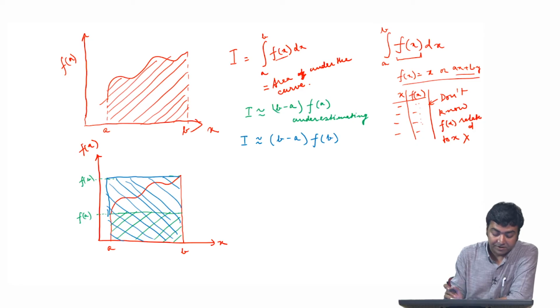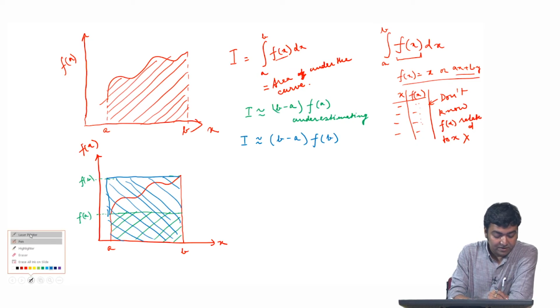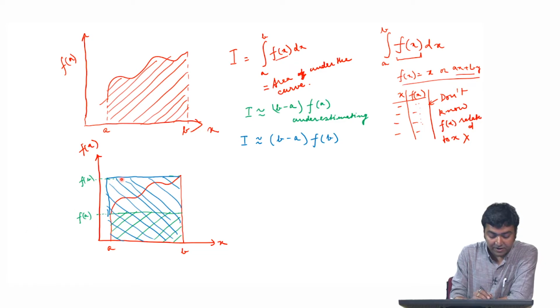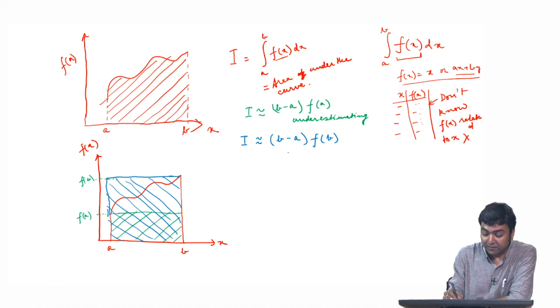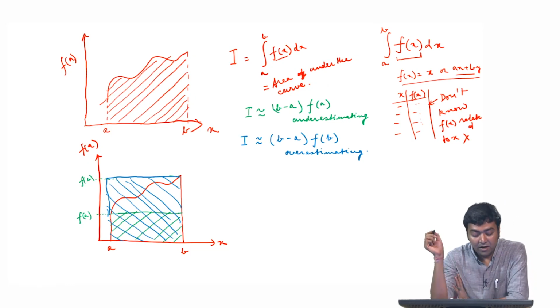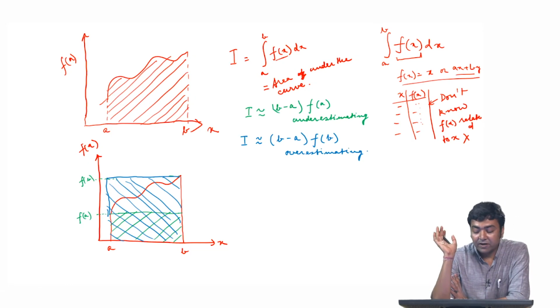What happens in this case? If you look carefully, this part of the rectangle does not belong to the area under the curve determined by this red line. So, we are severely overestimating. Both these ways give a very crude estimate of the area under the curve.